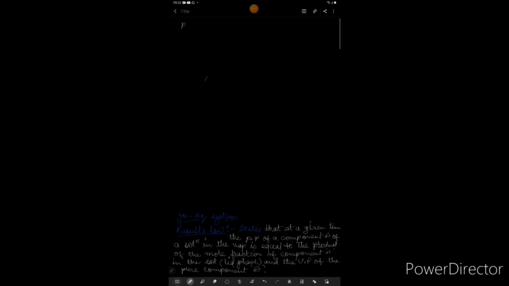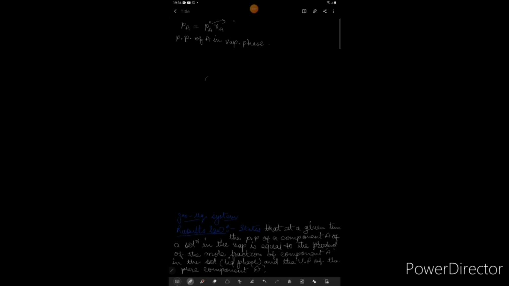So PA, partial pressure of A in vapor phase. Okay, vapor phase. Partial pressure of component A in vapor phase is equal to pure component vapor pressure into mole fraction.